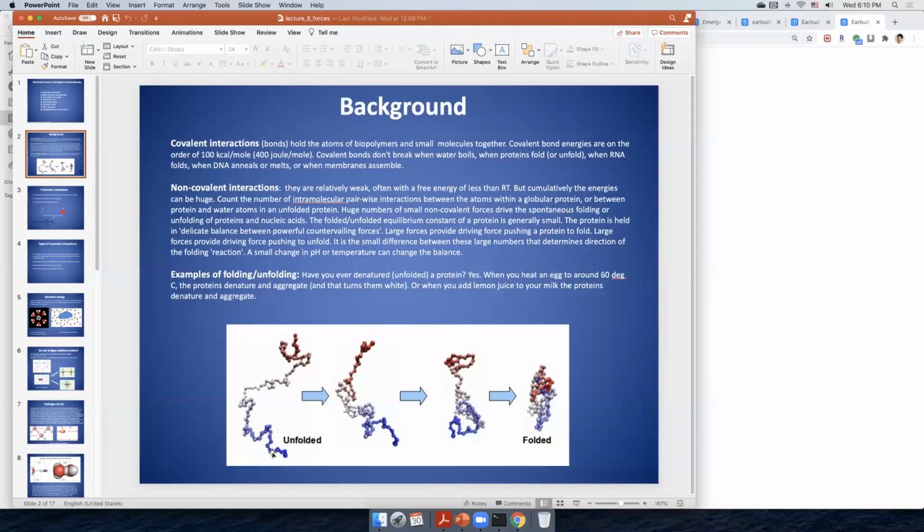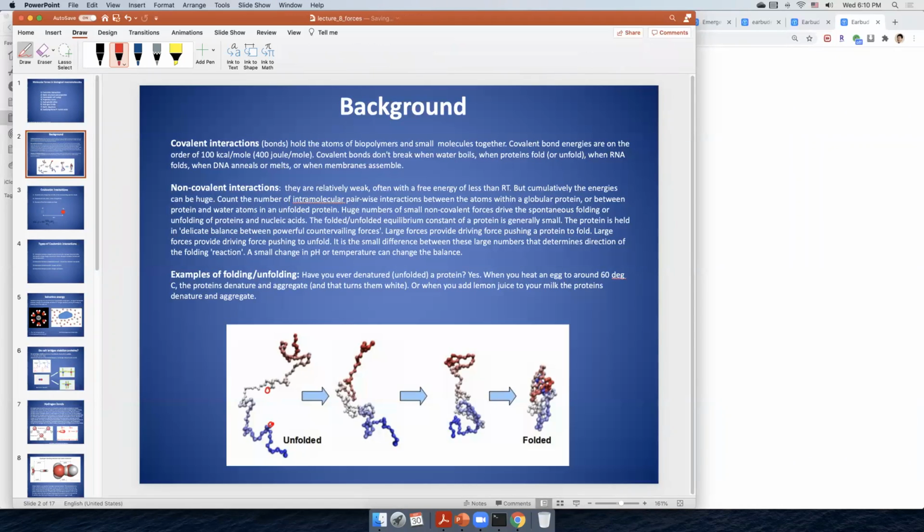For example, when this peptide folds into a protein, a lot of interactions are changed. Let's say this atom and this atom may have some interactions or forces, including van der Waals force and electrostatic force.